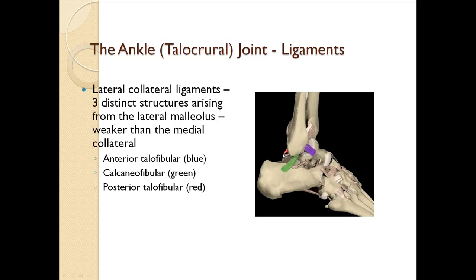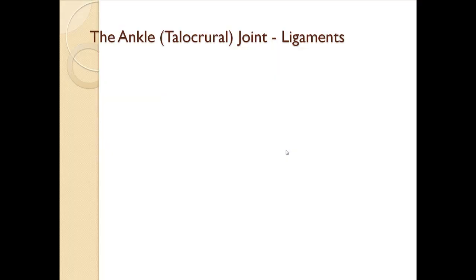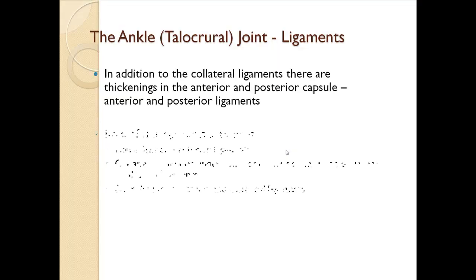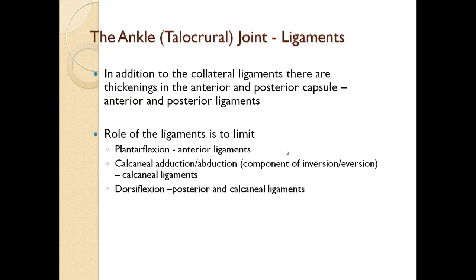Far weaker arrangement. Again, the anterior ligament is taut in plantar flexion. The calcaneal ligament limits adduction of the calcaneum or inversion, and then the posterior one is taut in dorsiflexion. Once again, these structures are named according to their attachment, so learning the names will actually help you work out where the ligaments go from and to.